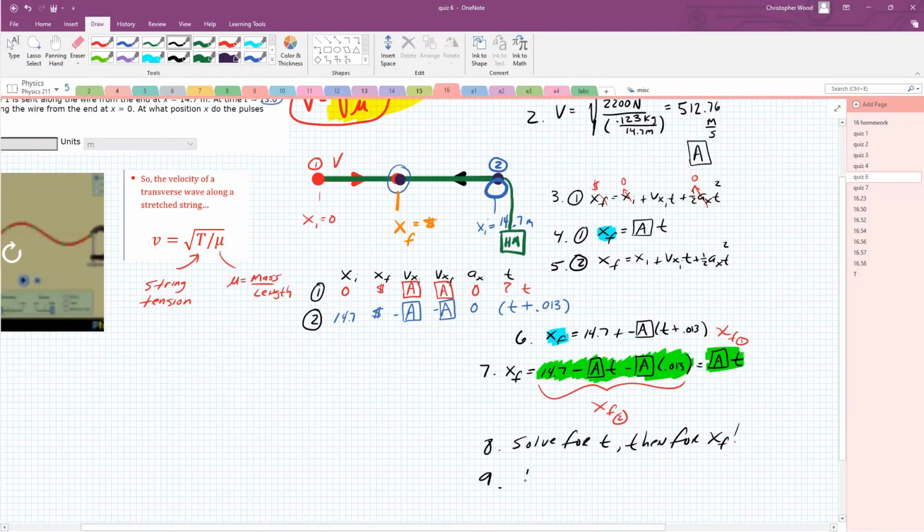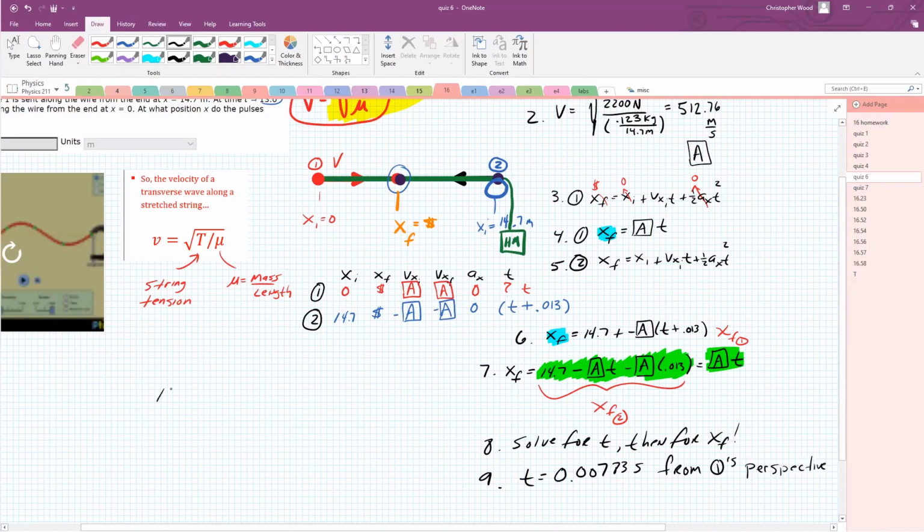These pulses meet at T equals 0.00783 seconds. And we have to be careful. This is from pulse 1's perspective, reference frame.